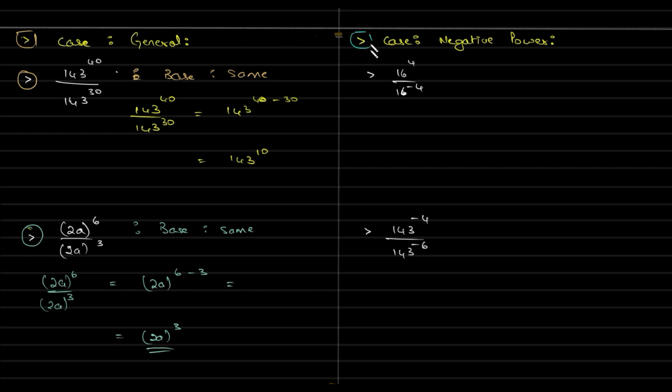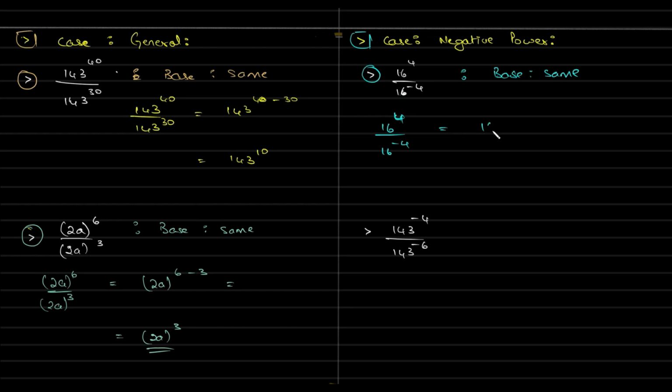The next question is the case when we have negative power. A small variation. It's not too difficult if you think about it. So let's see, are the bases same? Yes, the base is same. Now I'm looking at 16 to the power of 4 divided by 16 to the power of negative 4.